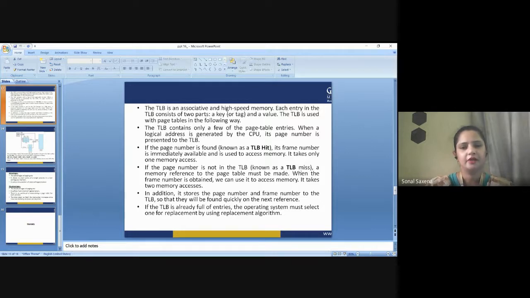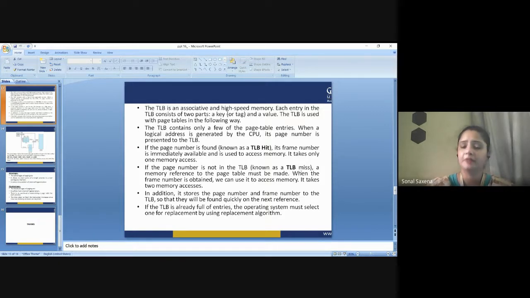Now, when a logical address is generated by the CPU, its page number is presented to the TLB. So whatever logical address the CPU is generating, the page number is always given to the TLB. If the page number is found, we call it a TLB hit.